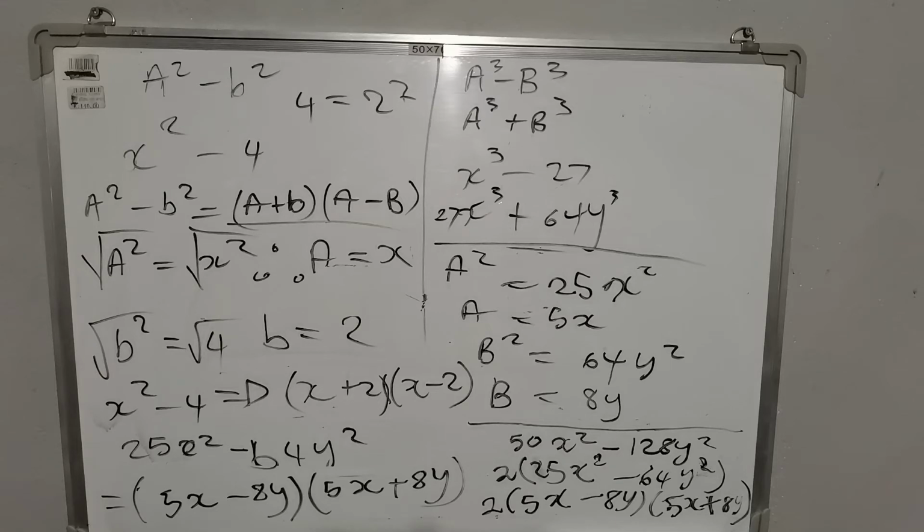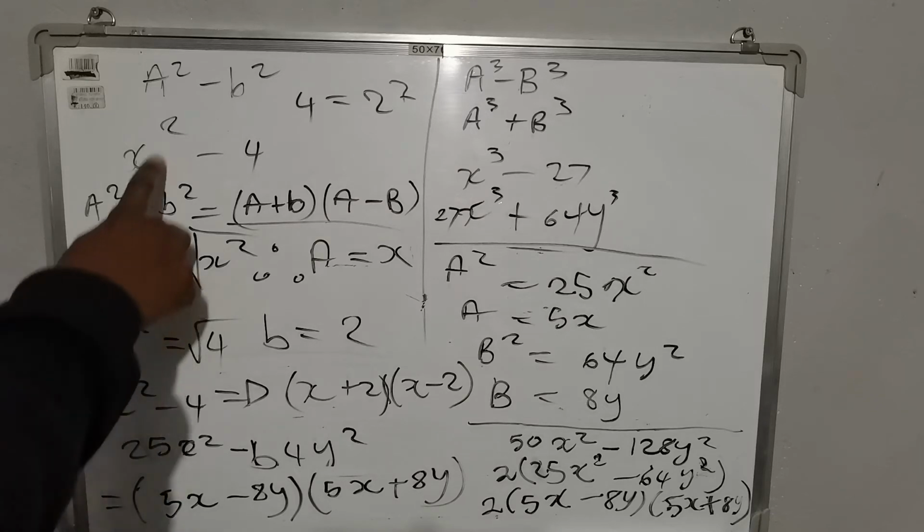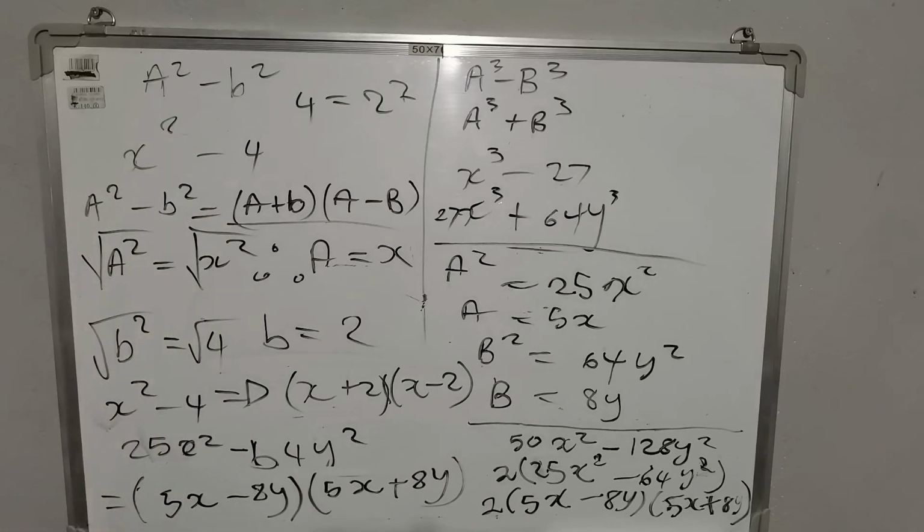We will apply this formula when we've got two variables in an equation and we see the square. But once we see the cube root, we know that we must either apply the difference of the cubes or the sum of the cubes, which is what we will do just now.